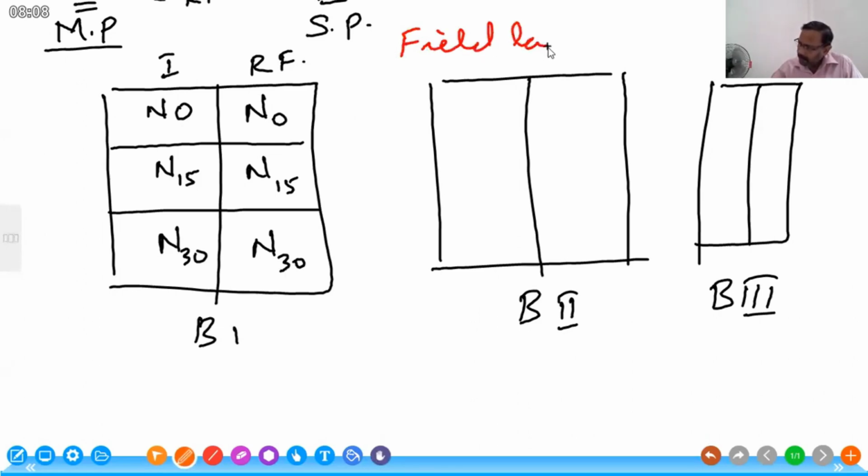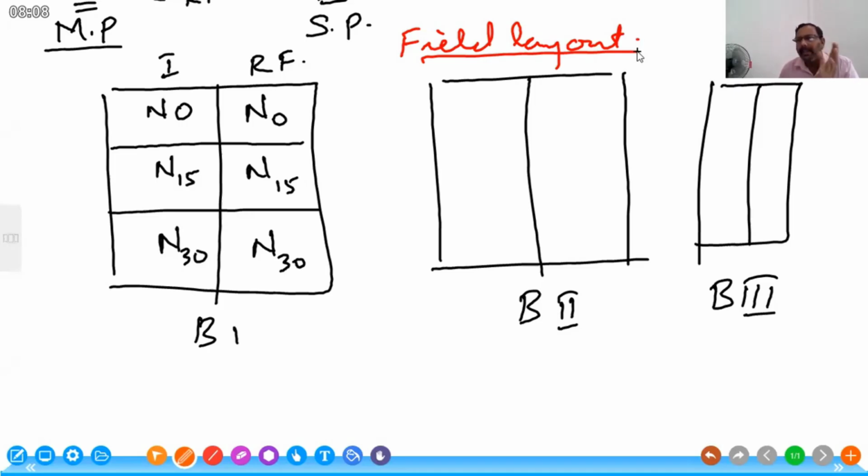layout, right? This is the field layout. We will have to give the field layout after randomization. Yesterday we have seen a field layout, right? I will post some of the notes from the factorial, from the nested design and the split plot design.